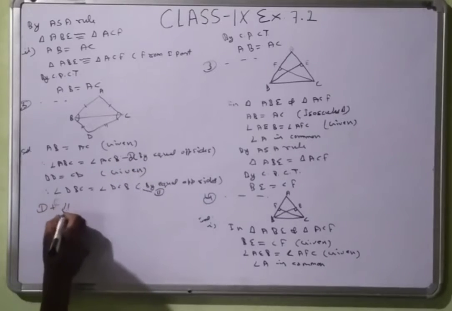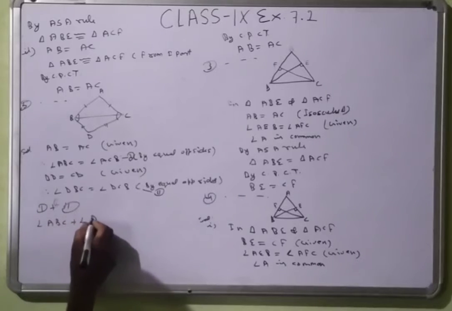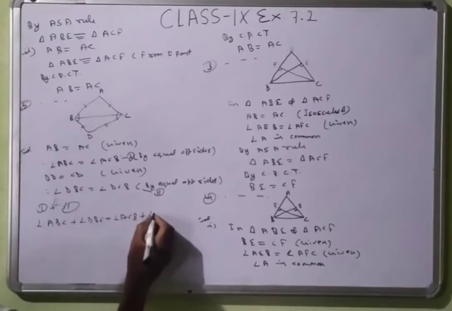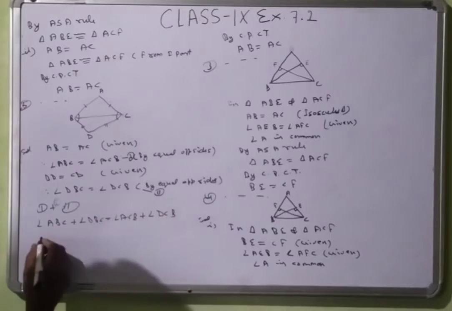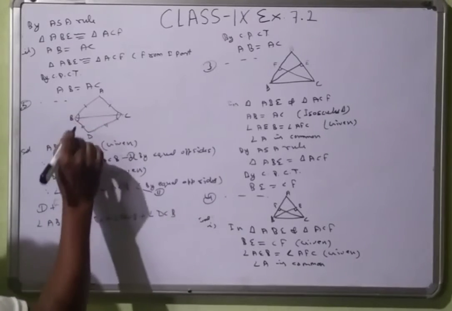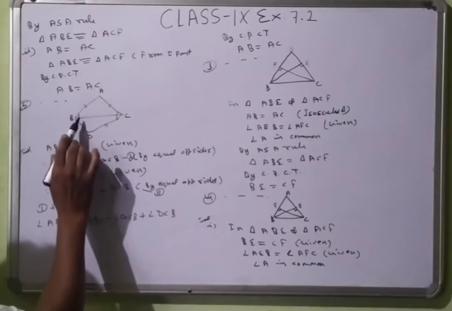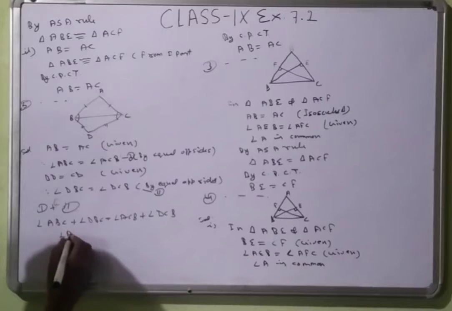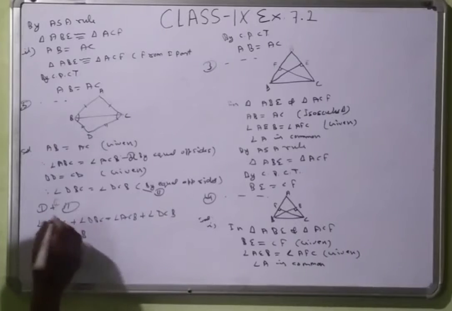First plus second: angle ABC plus angle DBC is equal to angle ACB plus angle DCB. So when we add this angle and this angle, then that will be angle ABD.